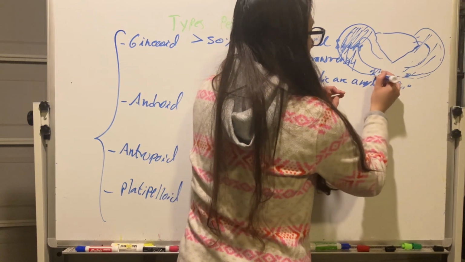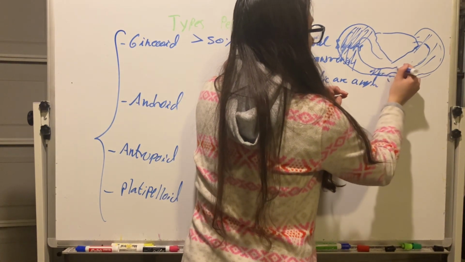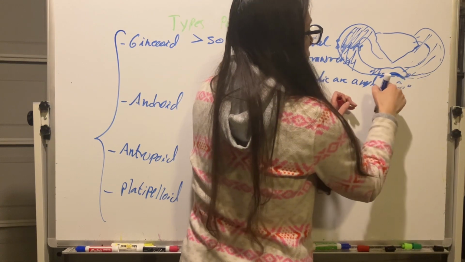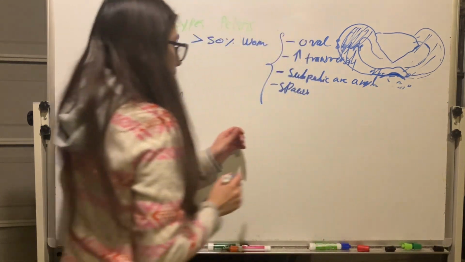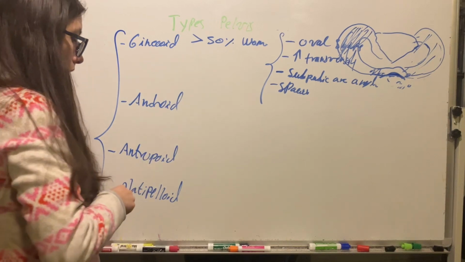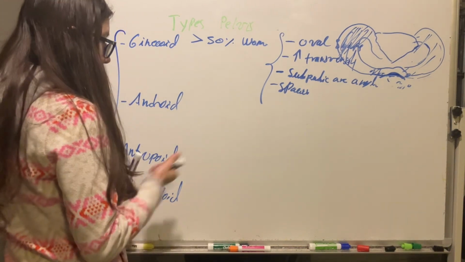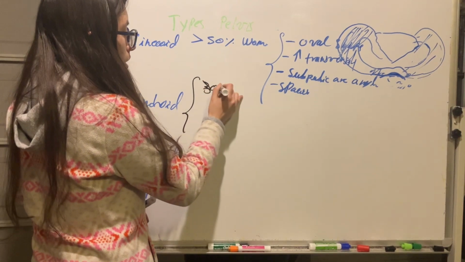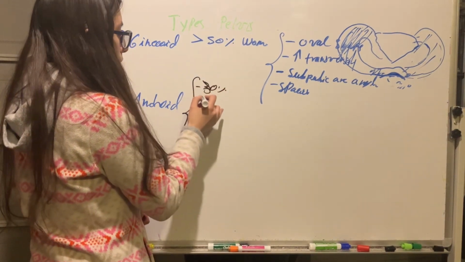Here having the subpubic arch being more than 90 degrees, and compared to android pelvis, this one is around 30% of women have this type of pelvis.